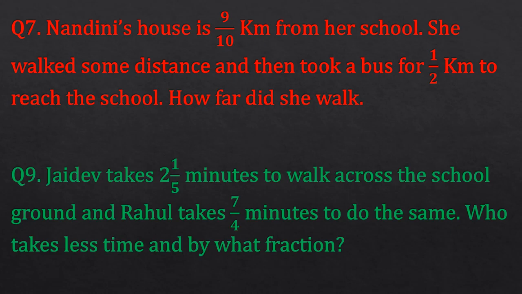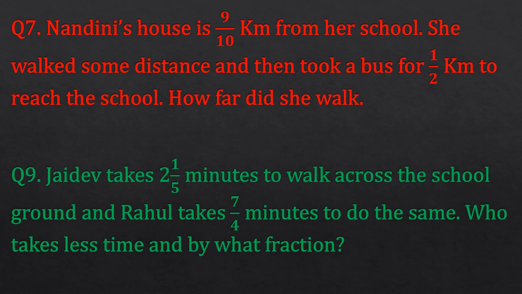See beta, whenever you have to find out who takes less or who takes more, there is comparison, which means you have to do the comparison. And then after that it is asked by what fraction. Then, who takes less and by what fraction? It means you will subtract the smaller from the greater.